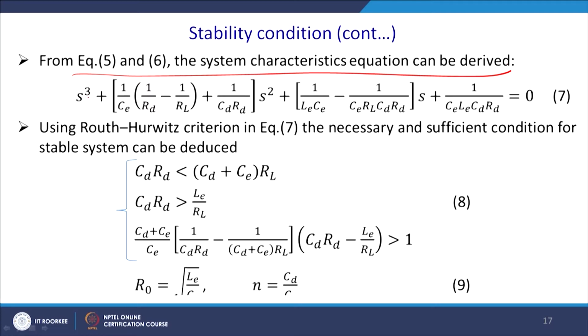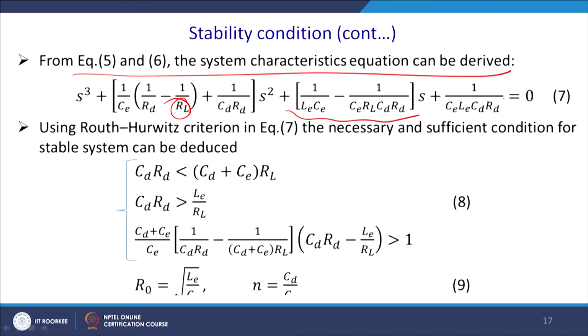So, it is s cubed plus 1 by C d R d minus R L. Please note that R L is quite small. Thereafter, 1 by C d plus R t into s squared, plus L by C plus C into R L C d into R d, and that into s.